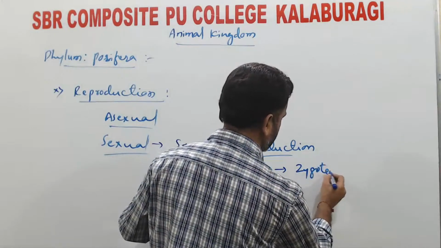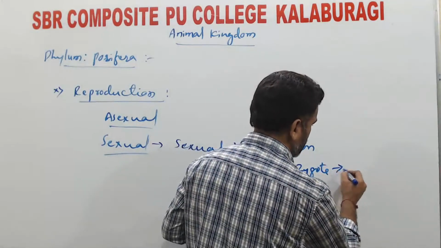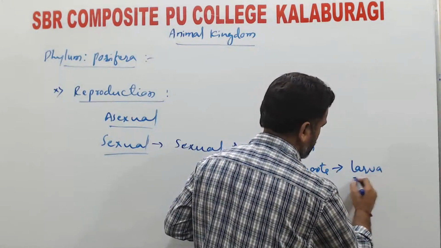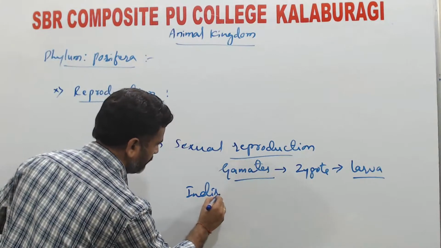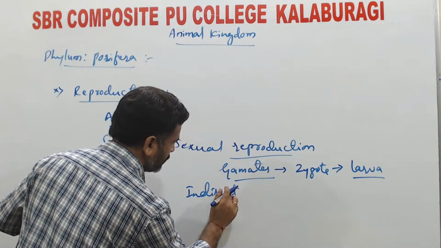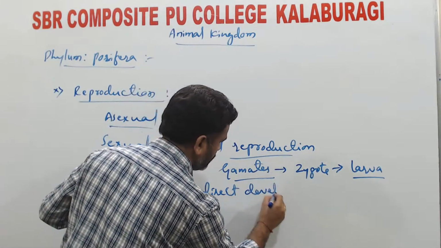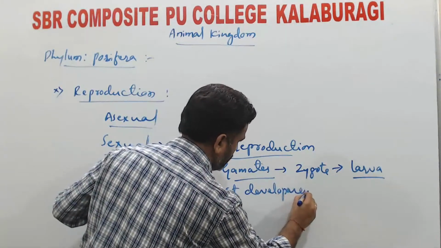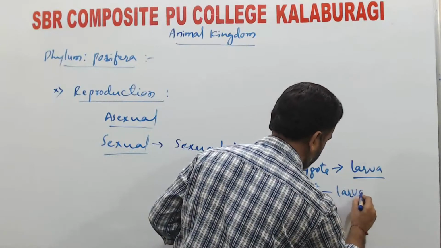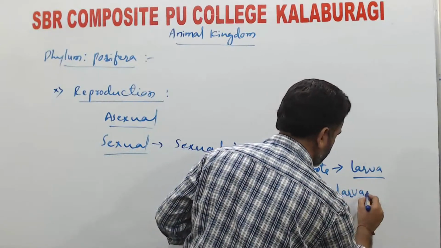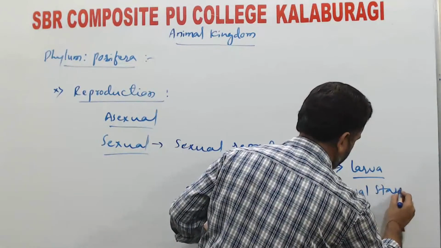This zygote in turn develops into the larva. That means the development here is indirect development, which includes the larval stage.